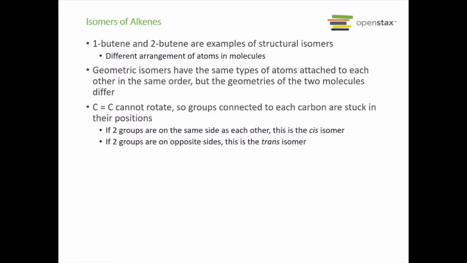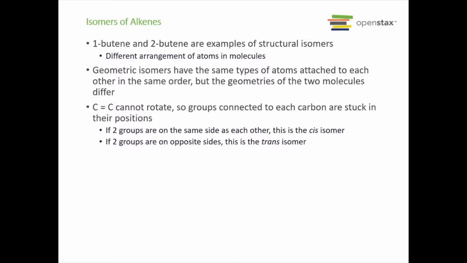So 1-butene and 2-butene are called structural isomers, which means they have a different arrangement of atoms in molecules. Another important type of isomer, especially with alkenes, are called geometric isomers. And these occur when you have the same type of atoms attached to each other in the same order, but they have different geometries.